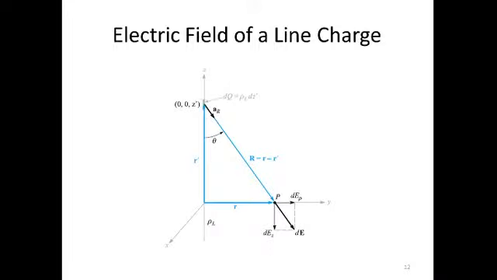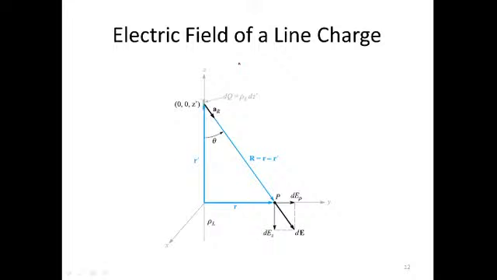In this diagram, as I have already explained, we expect a uniform line charge distribution over the z axis, and here is the point P that we have taken as the field point location. This is on the y axis. So here is the source, and here is the field point where the electric field intensity is to be derived.